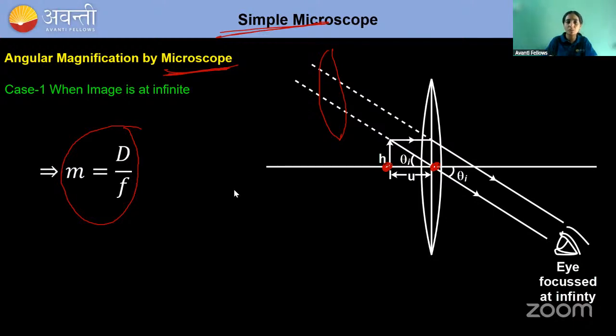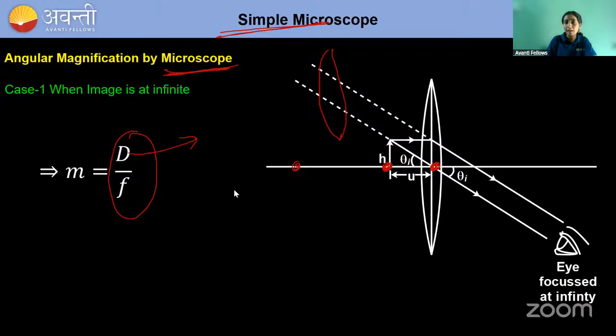Now we need to focus on the final result. If for a simple microscope it is given in the question that the final image is getting formed at infinity, then tell me the magnification. Magnification will be d by f, where d is the distance of normal adjustment.